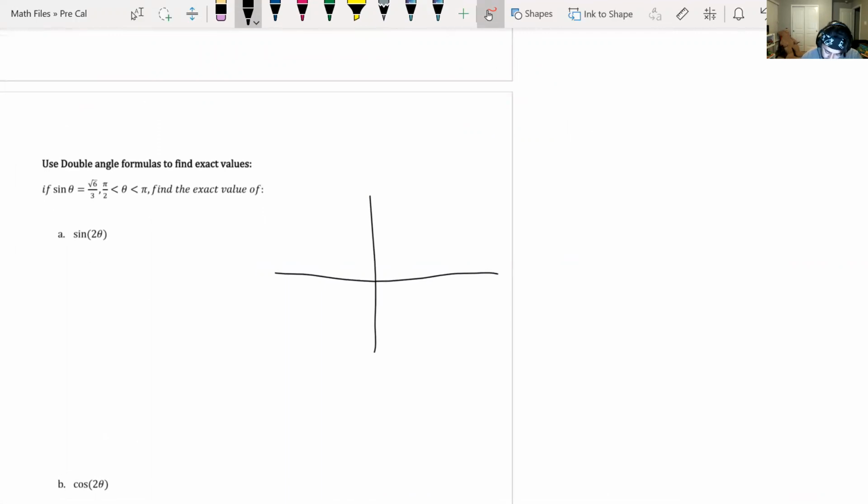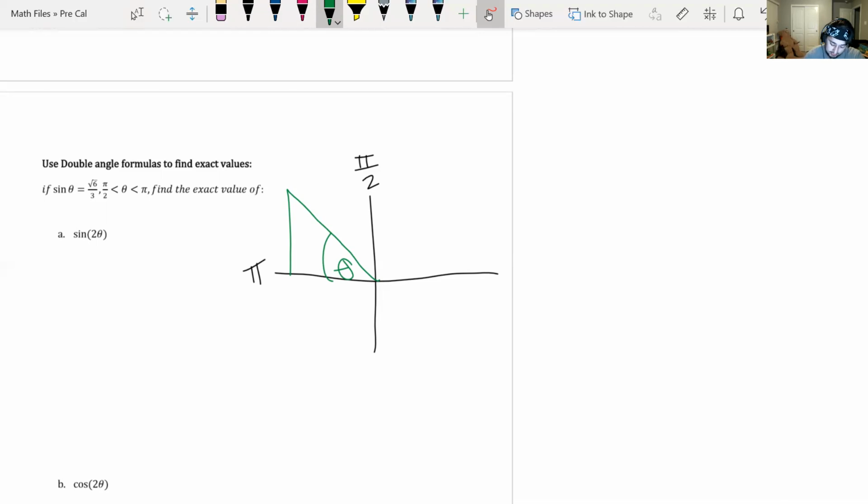Here is pi over 2, and here is pi, which means we must be in the second quadrant. Here's theta.